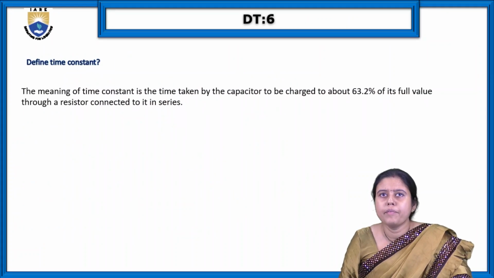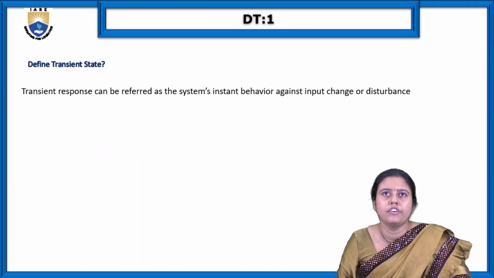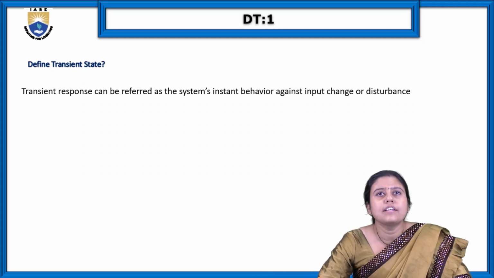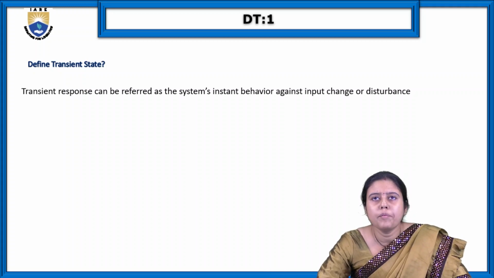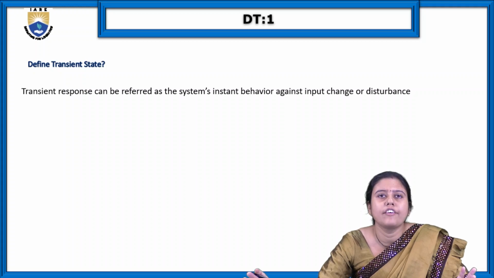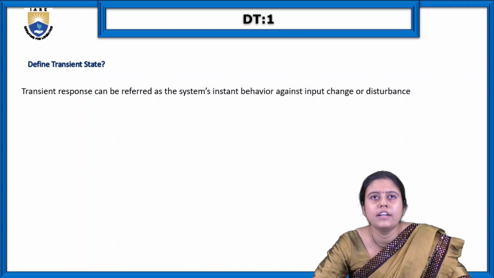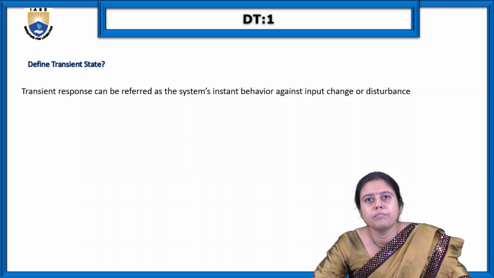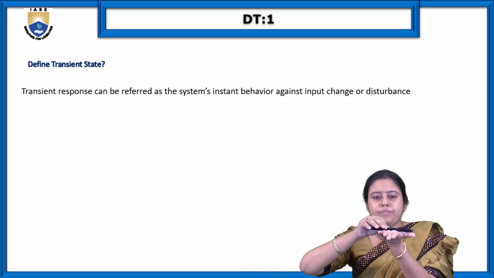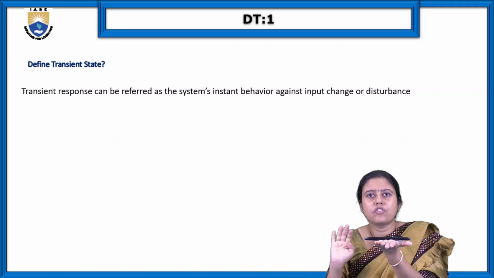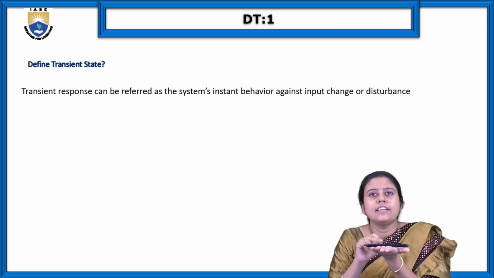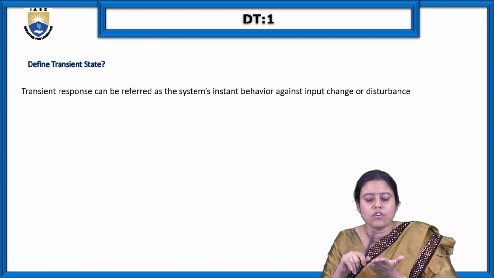So, we are coming to our question number 1. What is the transient state? If we are giving the definition, transient response can be referred to as the system's instant behavior against the input change or disturbance. What does it mean? Say we have a pen. When the pen is in a fixed condition, we can say it is in a steady state condition.